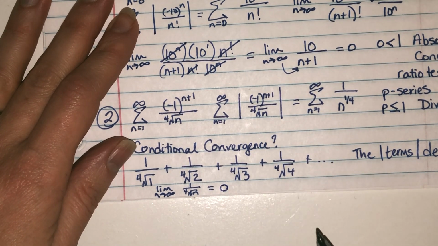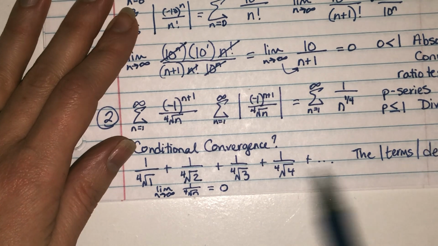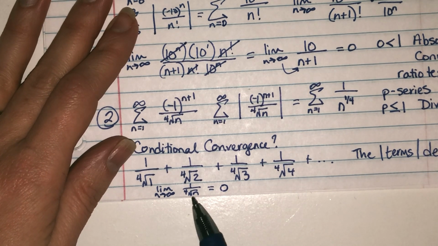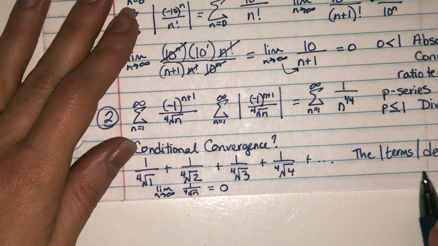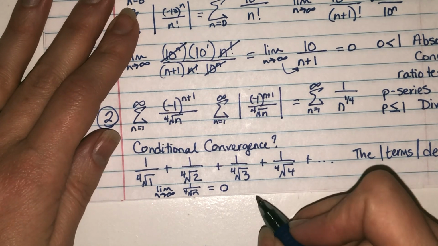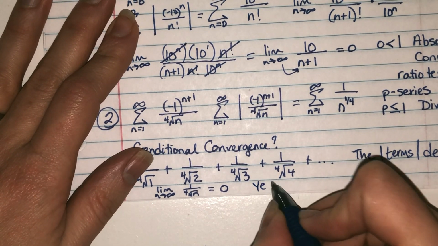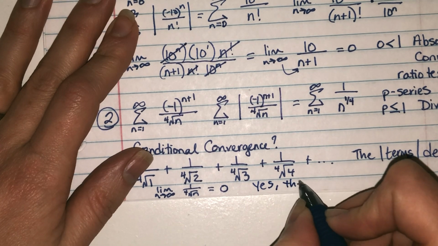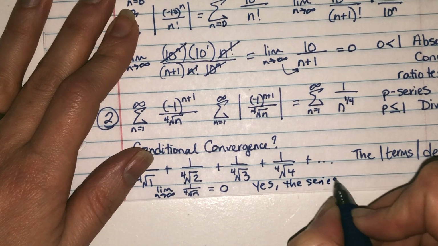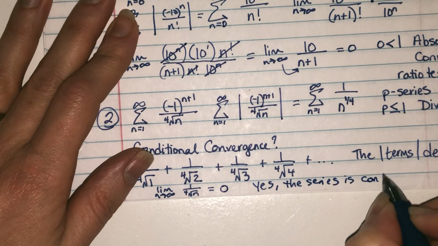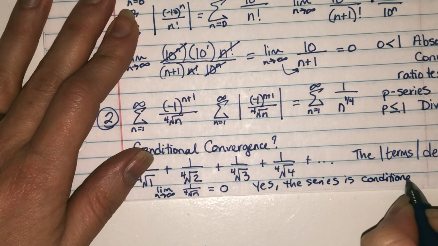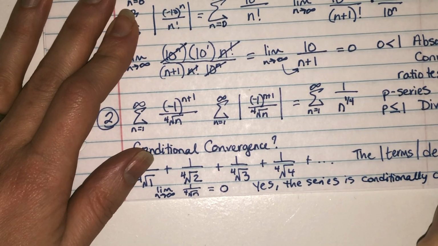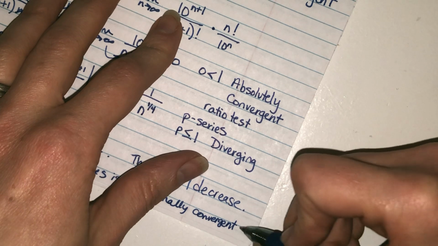That does approach 0. So since the limit of the absolute value series is 0 and the absolute value of the terms decrease, those two things mean that yes, the series is conditionally convergent by the alternating series test.